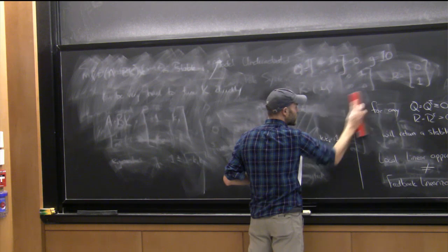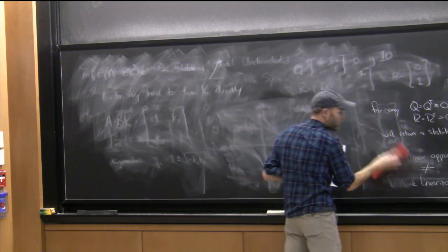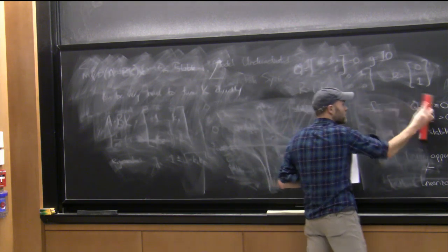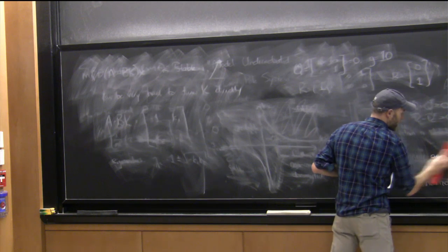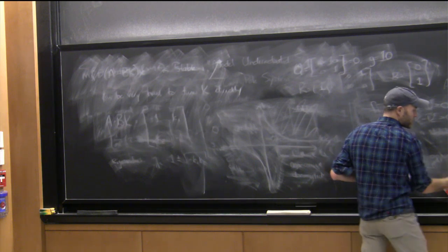But whenever you can take advantage of the fact that there's more structure inside that equation, then you're going to be able to write more sophisticated algorithms. And we're going to see that over and over again.